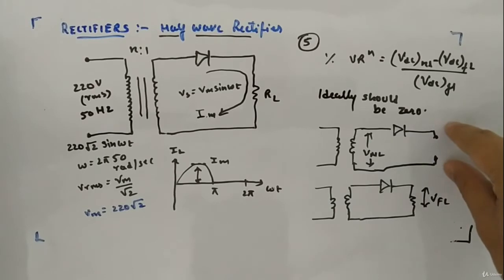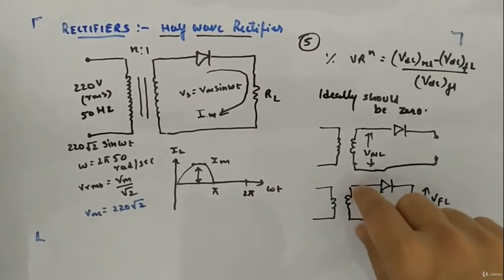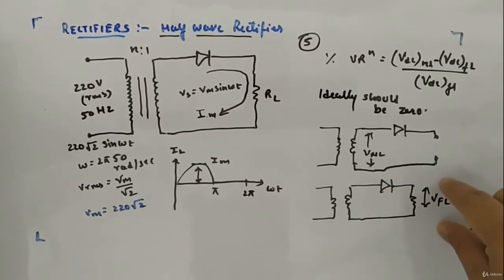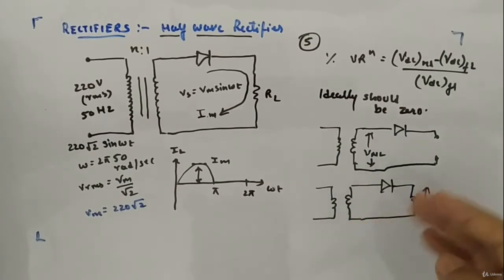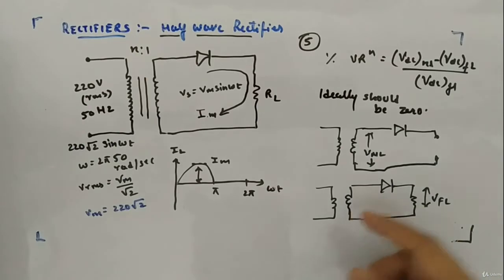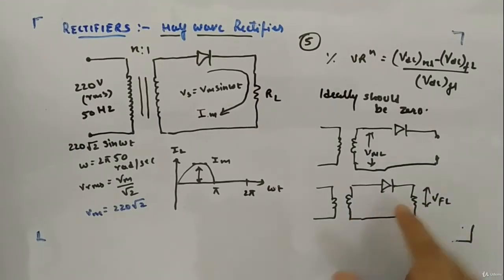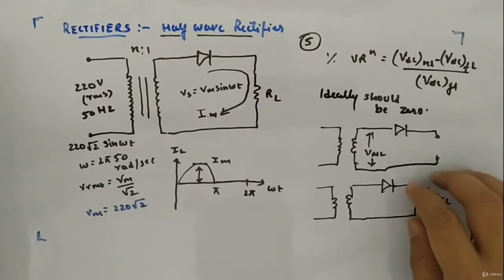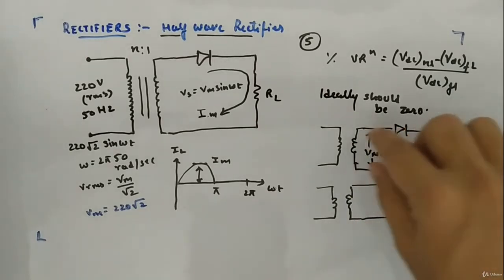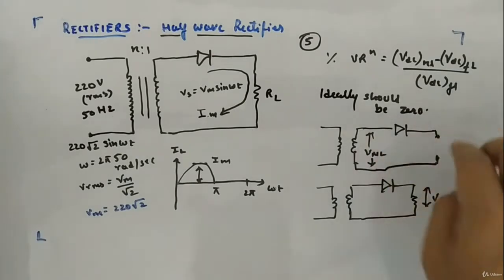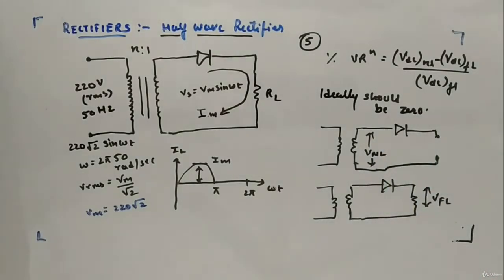Since there is no load, here the secondary voltage is different, here the full load voltage is different. They are not the same because the forward resistance and secondary resistance will also be there, and the load resistance will also be there, so there will be a difference between this voltage and this voltage, whereas here there won't be any difference because it's open and there won't be any current flowing through this.